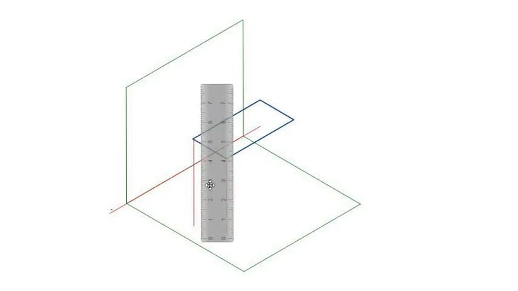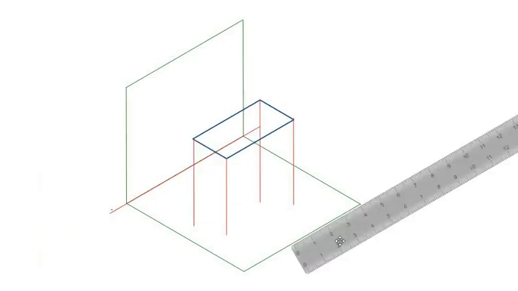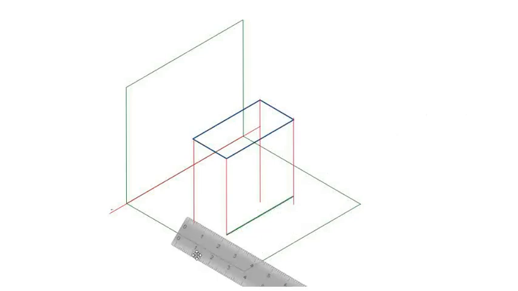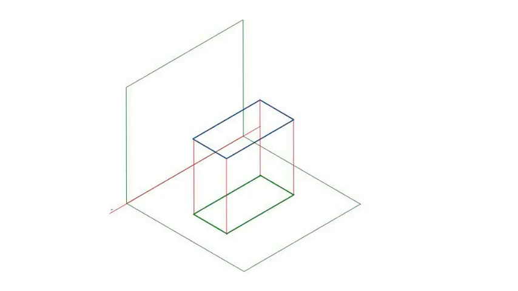Let's take an example. Imagine a rectangle that is inclined to the VP but parallel to the HP. Step 1. Draw its top view first because it is parallel to HP. The top view will show the true shape.